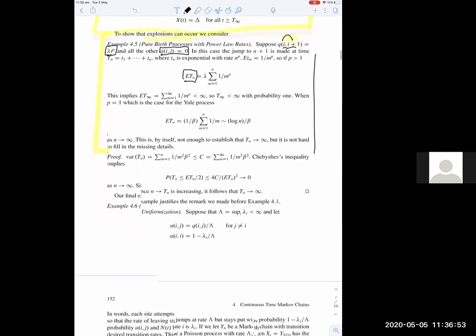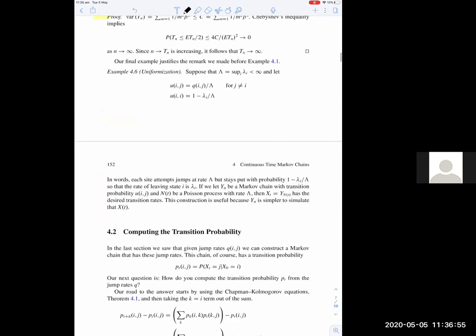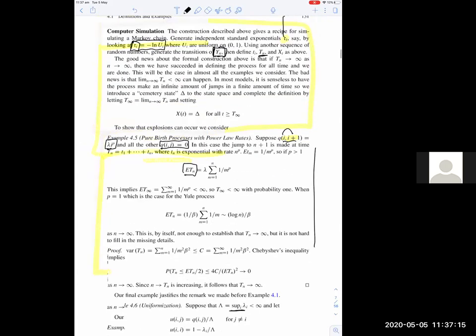This other example is much more general, and this is something called uniformization. Say now that the supremum over all lambda i's is bounded. Remember, lambda i is, when we take state i, the rate of transitions out of state i; it was the sum of the rates.